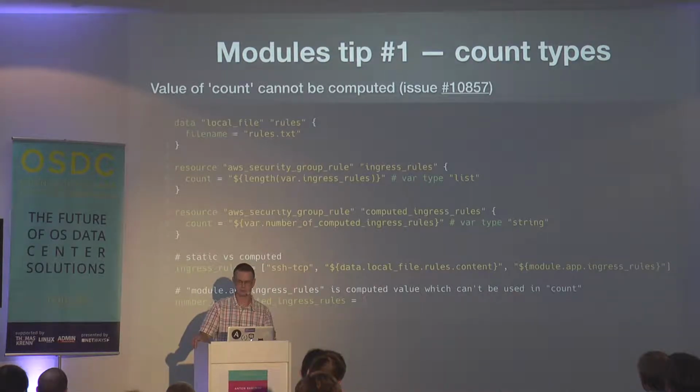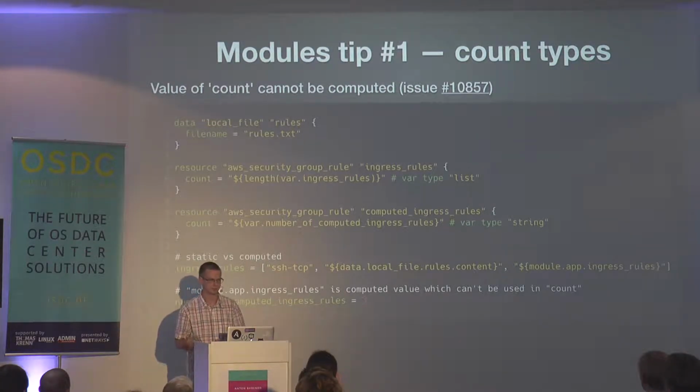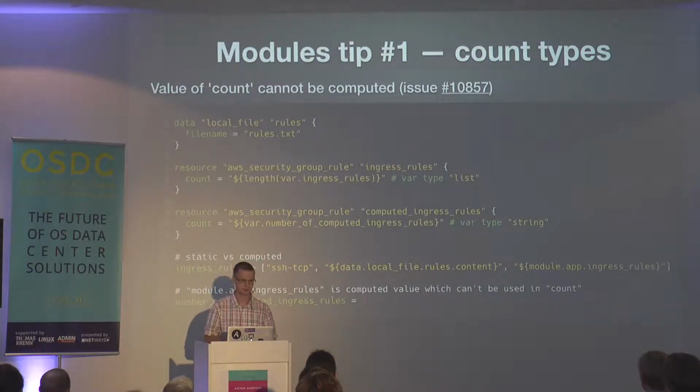If people come from a programming background, then they think that they can use cool features like loops, conditions, and so on. And they cannot understand why this is not working. In fact, it was a limitation of HCL, the HashiCorp Configuration Language, which is used to describe Terraform configurations. HCL2 is coming shortly, I hope.